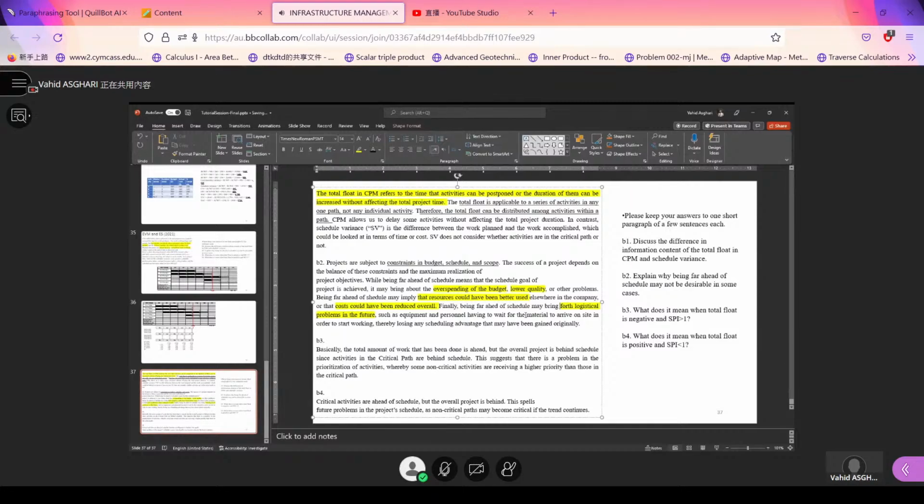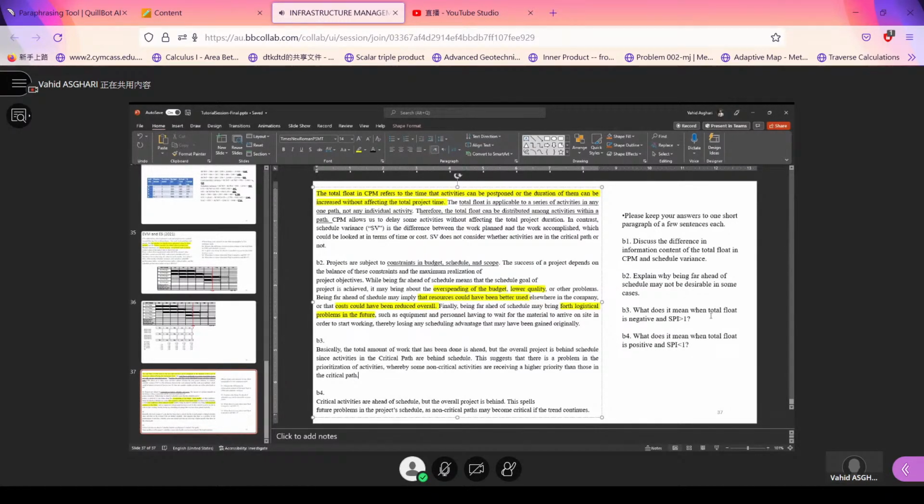So even if you had written three simple points, like we have overspent the budget, or we had lower quality, or another problem with the logistics, you would get the whole point. So the key points are important, not the paragraph itself.